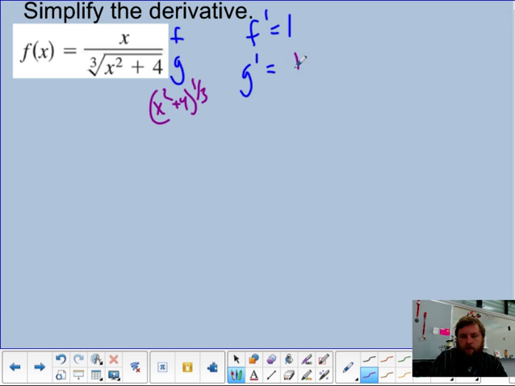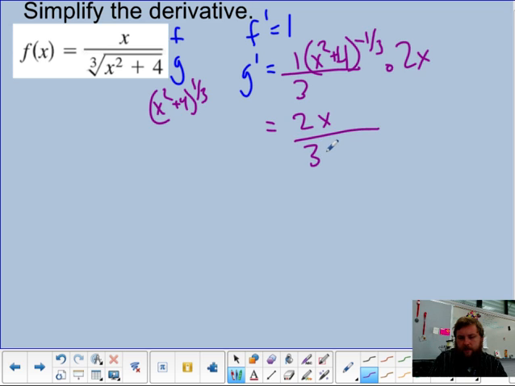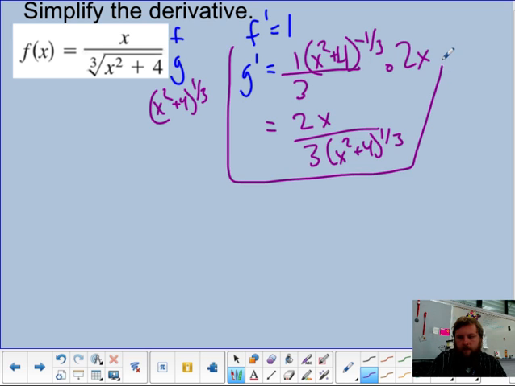So it's going to be 1 over 3 times x squared plus 4 to the negative 1/3. And then times the derivative of the inside, so it'll be 2x. And I can clean that up as 2x over 3 times x squared plus 4 to the positive 1/3. I'm going to leave it with those kind of exponents. So that's g prime right there.